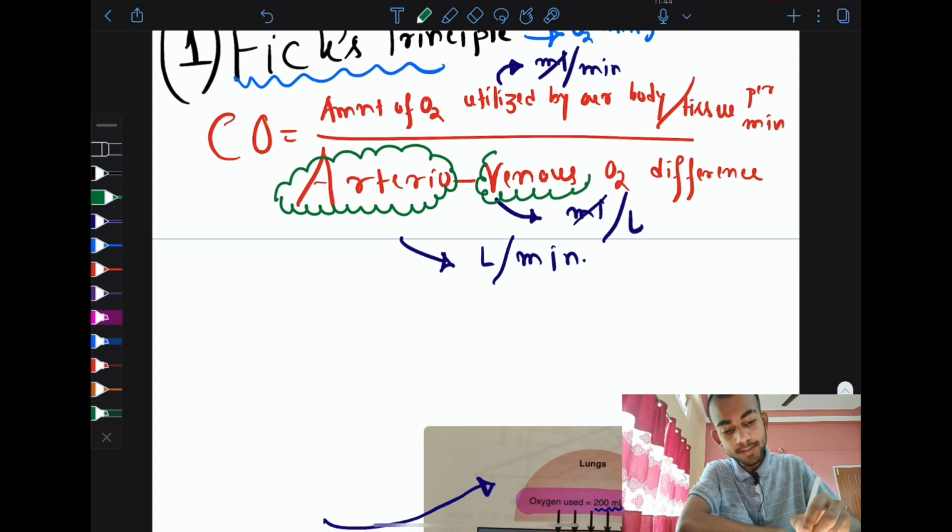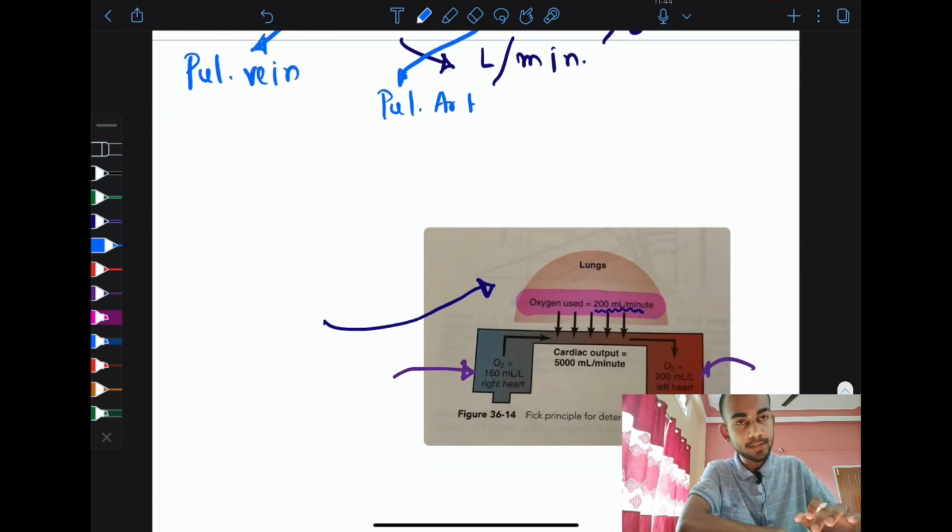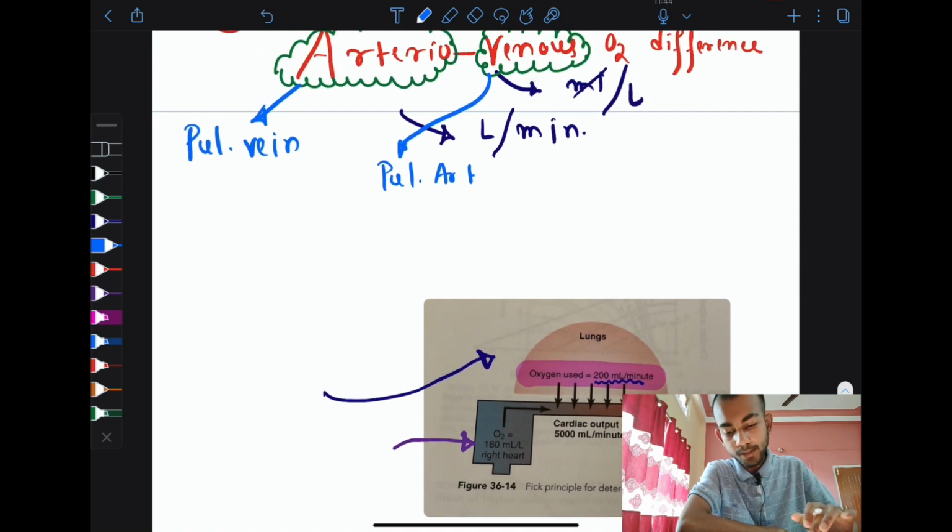How will we get it? For that, we need to collect blood from an artery and a vein. Which artery and which vein will we use for Fick's principle? Theoretically speaking, the arterial blood will be taken from the pulmonary vein and the venous blood will be taken from the pulmonary artery, which we can remember by remembering this diagram from Guyton.